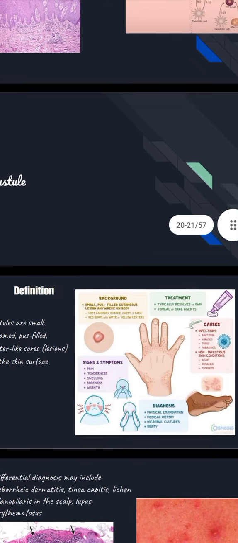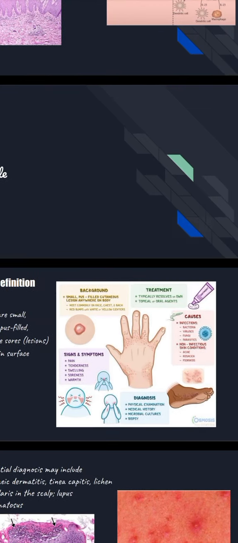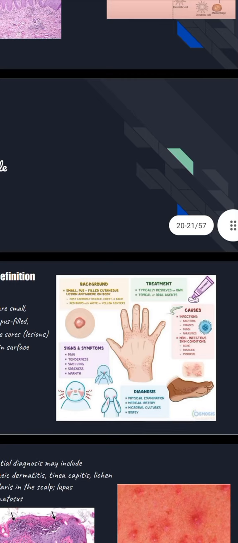Treatment: typically resolves with topical or oral agents. Causes include infectious and non-infectious skin conditions. Infectious causes include bacteria, viruses, fungi, parasites. Non-infectious causes are acne, rosacea, psoriasis.